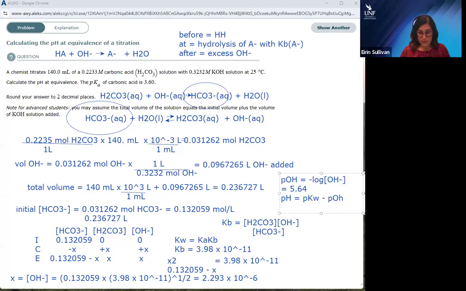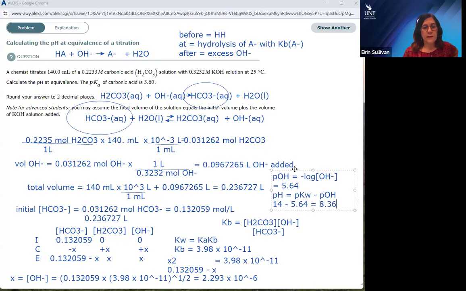That's going to be 14 minus the 5.64. So that is going to give me a value for my pH of 8.36, which sounds about right, because for the equivalence point for titration of a weak acid with a strong base, that pH should be over 7. It should be a basic pH. So that sounds okay to me.